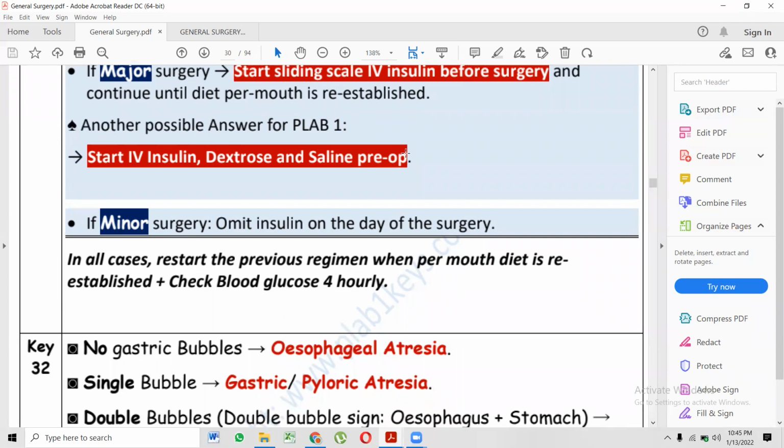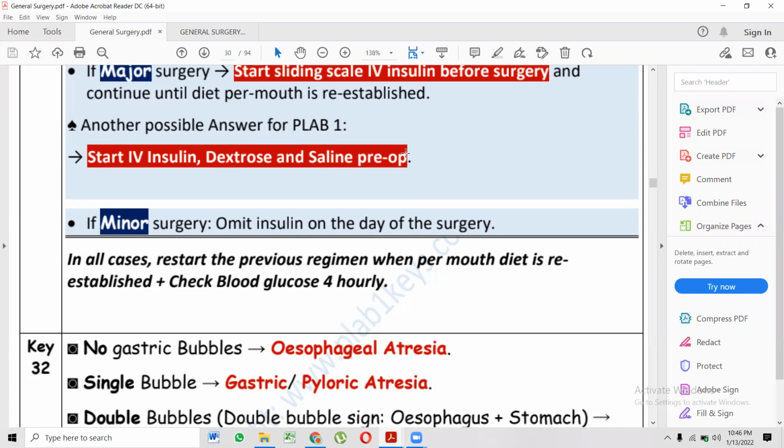Yes, it is. Just a question about this sliding scale. What does that mean? Do they keep on changing according to the level of the glucose? Yes, on a sliding scale, there are specific units of insulin for specific levels of glucose. Like if the patient's glucose is 250, then according to the sliding scale, the units that we need to give are, I think, almost 6 to 8 units.